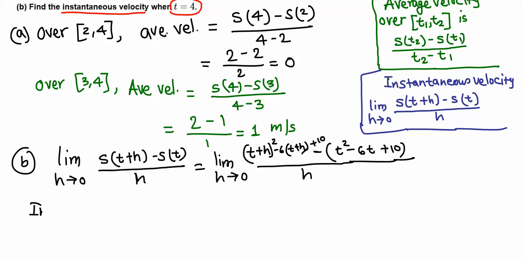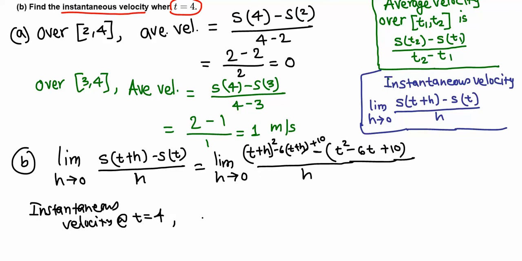So we can write in this way. This is the instantaneous velocity at any time t. So instantaneous velocity when t equals 4. So we just replace t by 4.